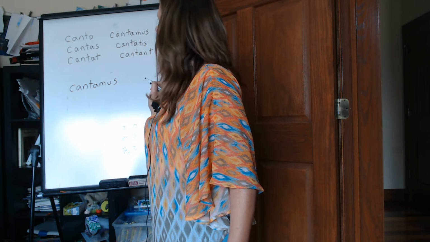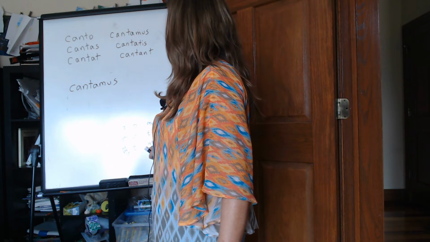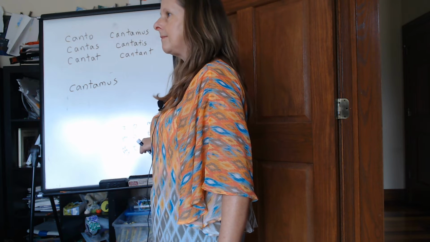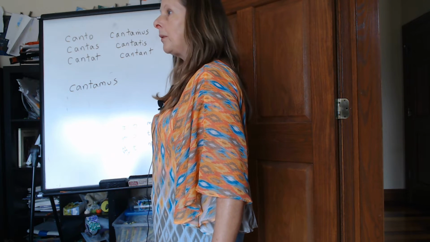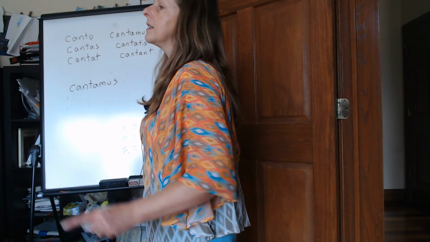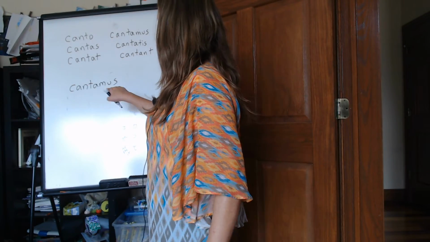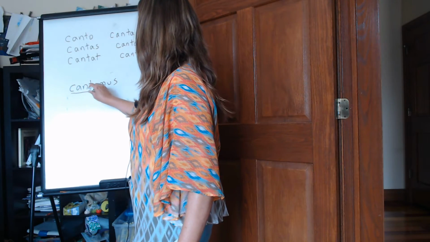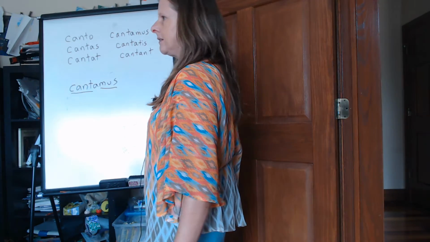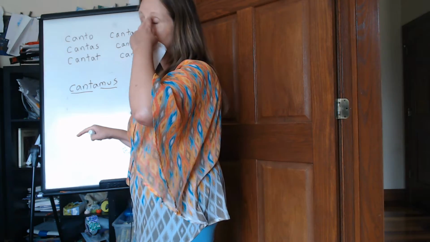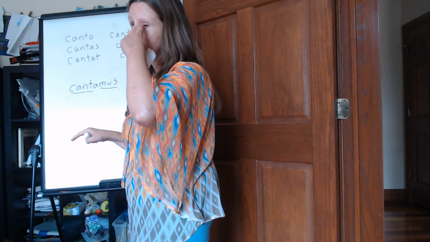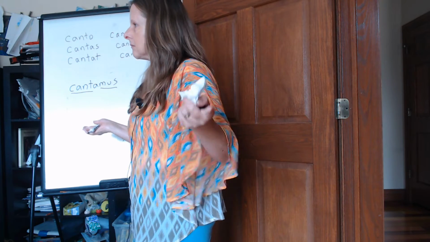Sing, but the ending mus is we, so we sing. Right. We know canto means sing, and mus means we. We sing. We could say we are singing. We do sing. Those are all okay.